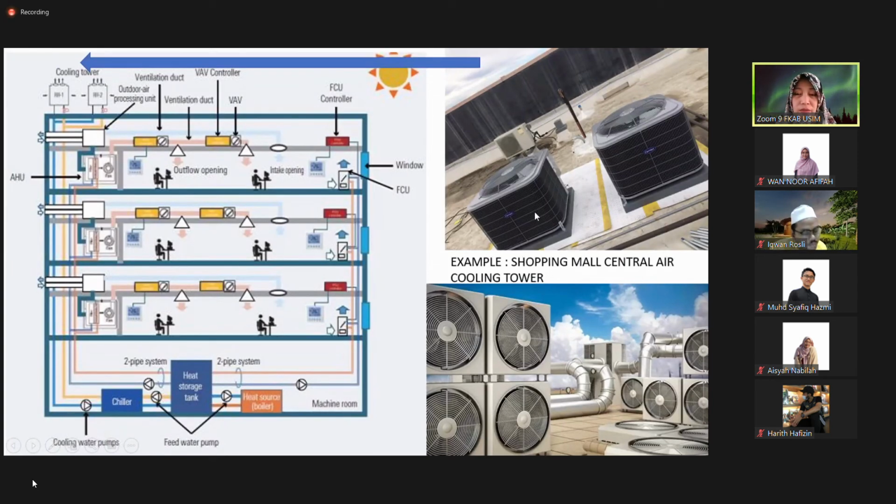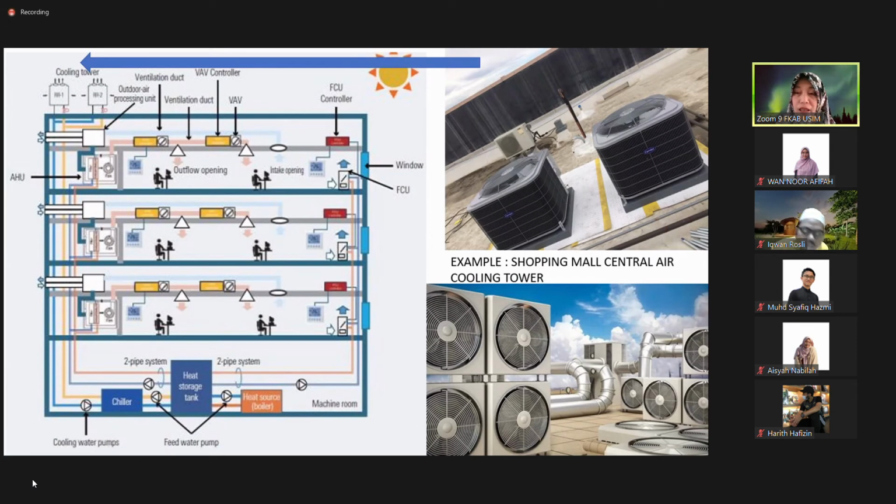Okay. Cooling tower. So, meaning that kita ada plant room, ada AHU, tapi on top of the roof, we do have cooling tower. This is based on the volume of the building.